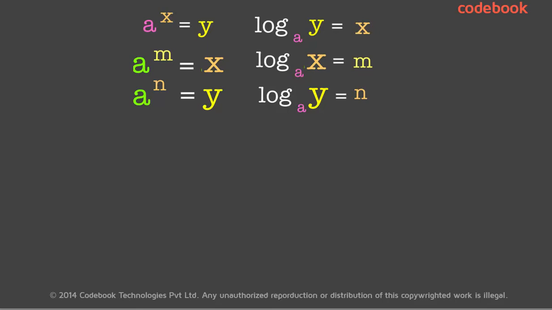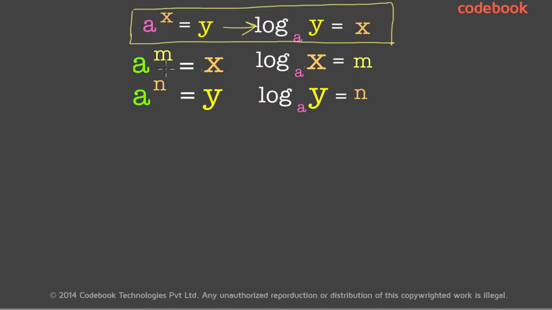In the previous lesson, we have seen that a power x equal to y is represented as log y to the base a is equal to x. So this is the general representation of a logarithm. Now let's consider these two cases. The first case, we have a power m is equal to x.